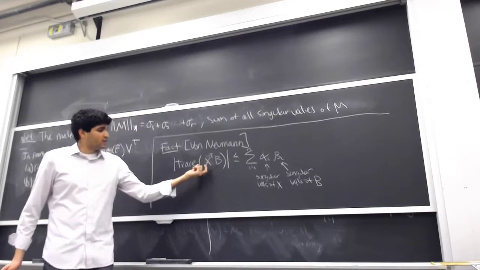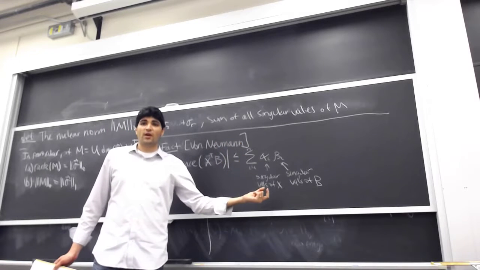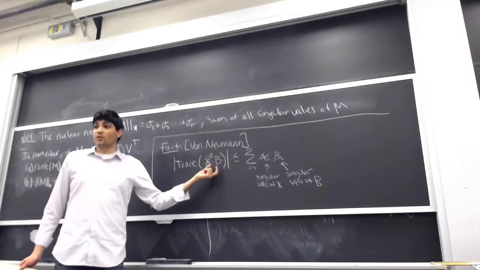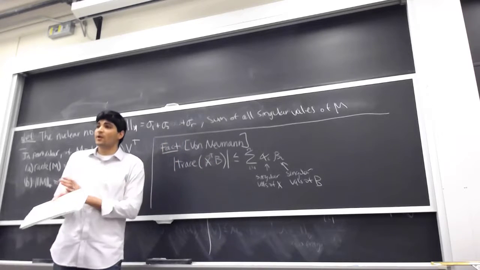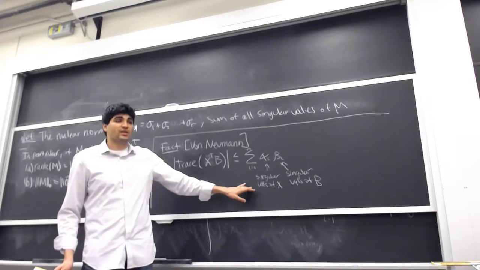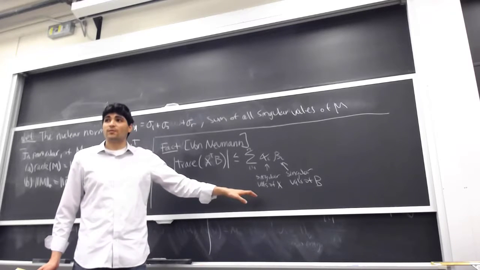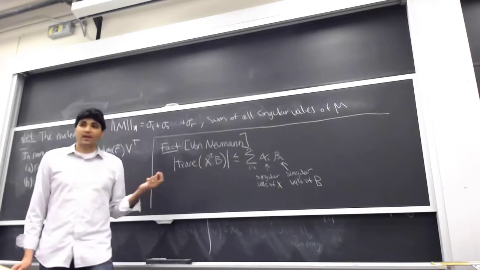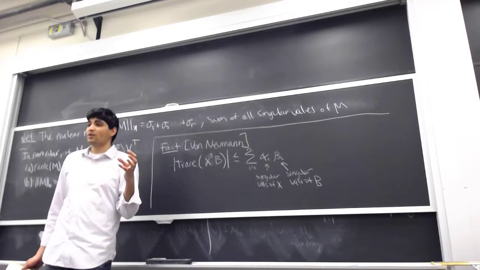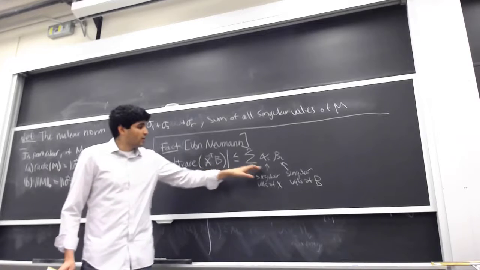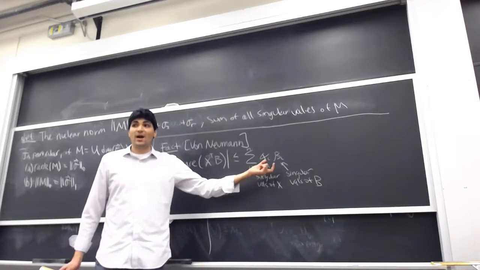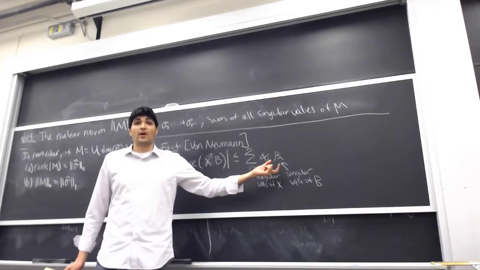Then we know that their singular values are just the entries along the diagonal. And when we take their inner product, we just get the inner product between their diagonals. And von Neumann's trace inequality just says that this is in general an upper bound: even though X and B have different singular vectors that diagonalize them, their inner product in this matrix inner product sense is still dominated by the inner product between their singular values.